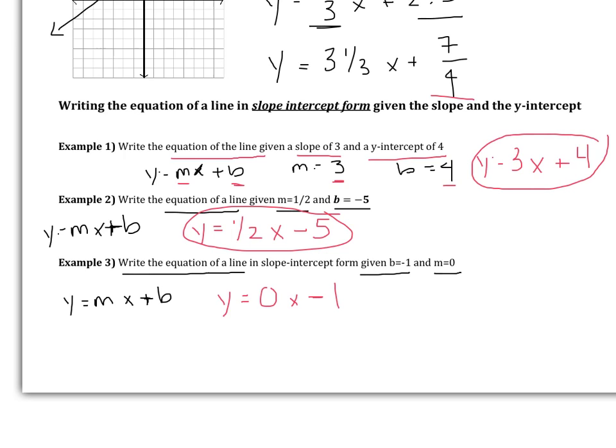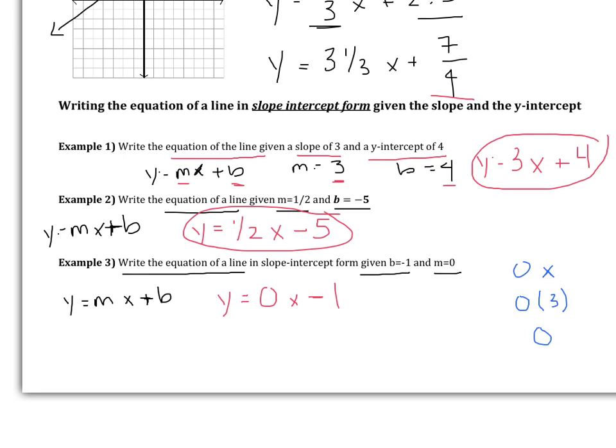Now, whenever you have something like 0x, we've talked about this before. I'm going to do a little example over here. If you have something like 0x, 0 times anything is going to be 0. No matter what number we put in for x, we're always going to get 0. For example, if I put in a 3 for x, 0 times 3 is still 0.